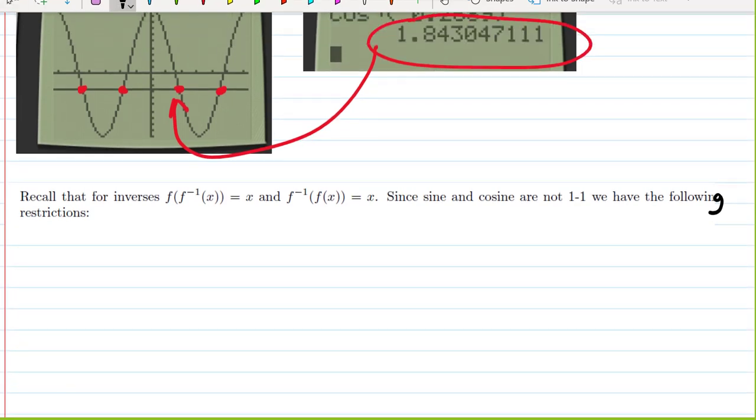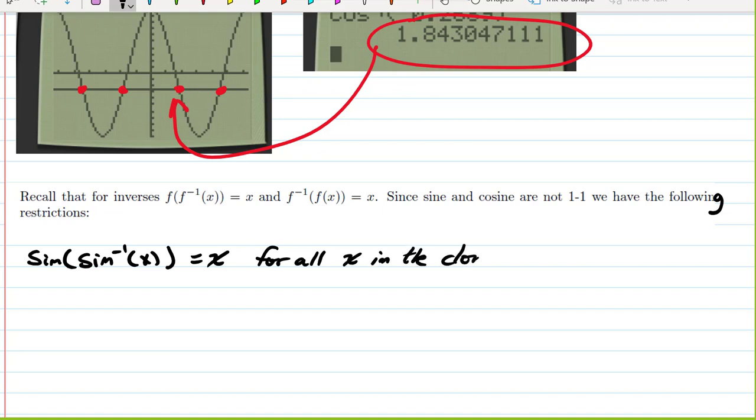The first one that we need to take note of is that the sine of sine inverse of x is equal to x for all x in the domain of sine inverse. And the domain of sine inverse, as we saw above, is for all x between -1 and 1.